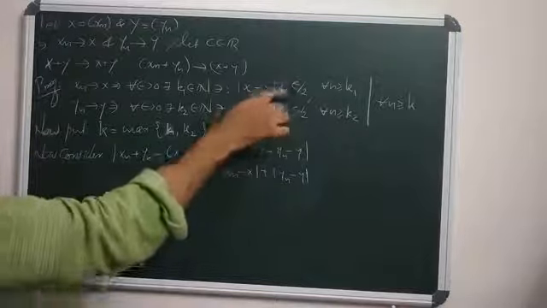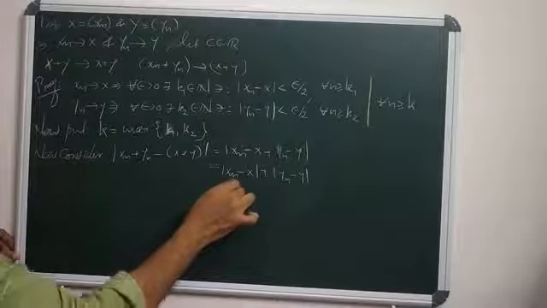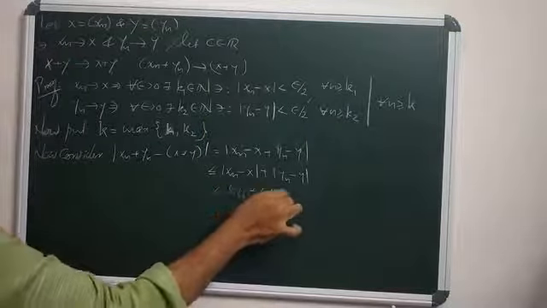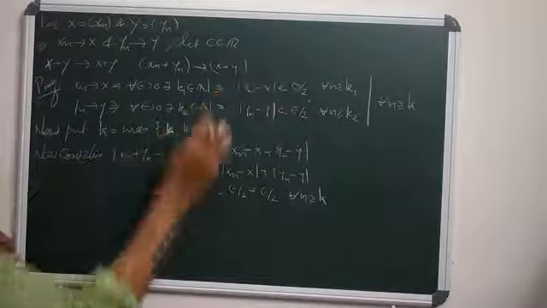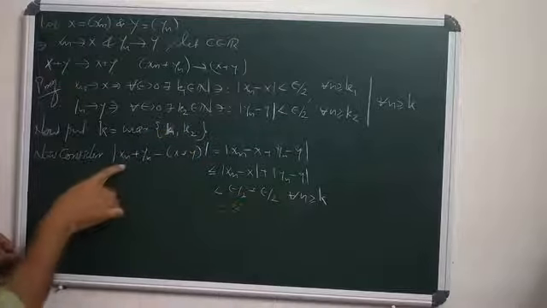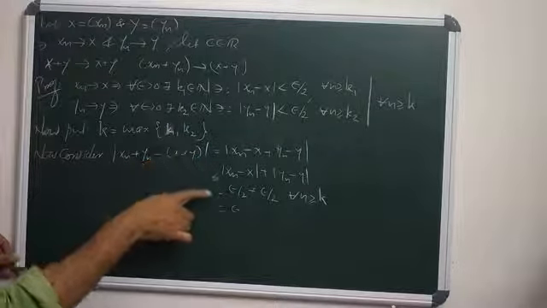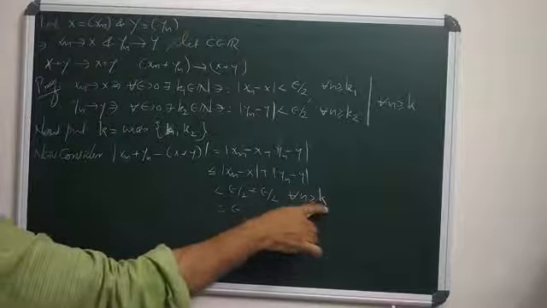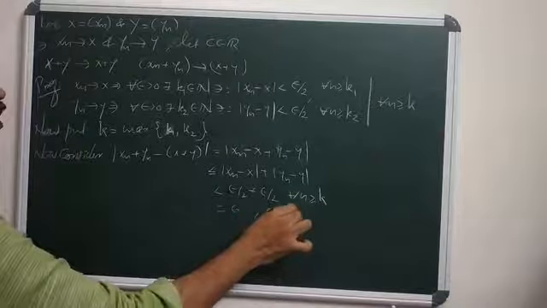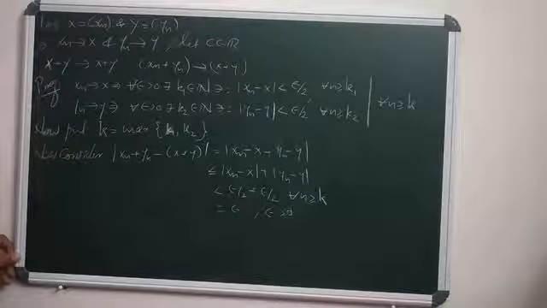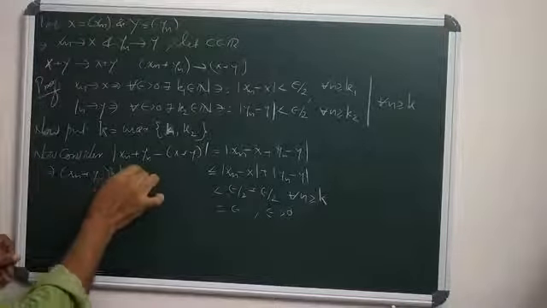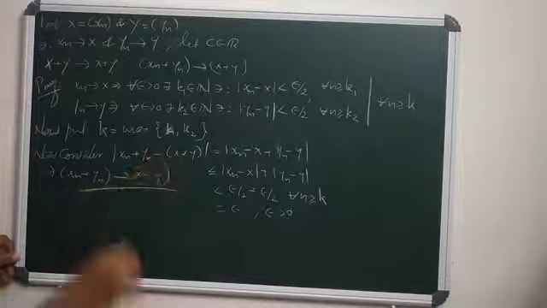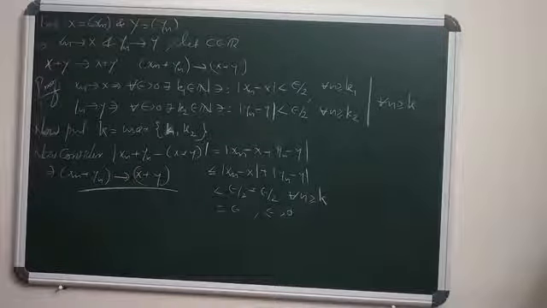But mod x_n minus x is less than epsilon by 2, plus epsilon by 2, for all n greater than or equal to k by using these arguments. Means modulus of x_n plus y_n minus (x plus y) is strictly less than epsilon for all n greater than or equal to k and for all epsilon positive. So clearly by definition of convergence, x_n plus y_n converges to x plus y. So finished.